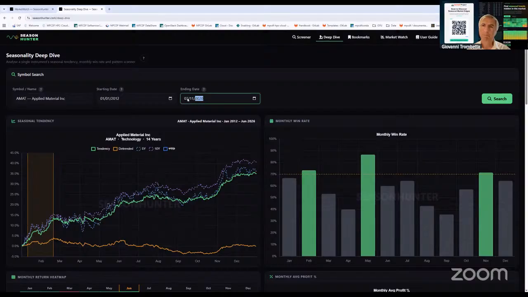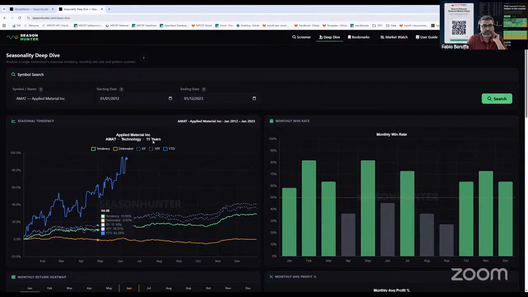Yeah, this can be, just to make some other numbers, right? So you can even specify this, and this is 11 years starting from January 2012 to January 2023. And then you can compare with the more recent data. So you can really move this window of statistics.